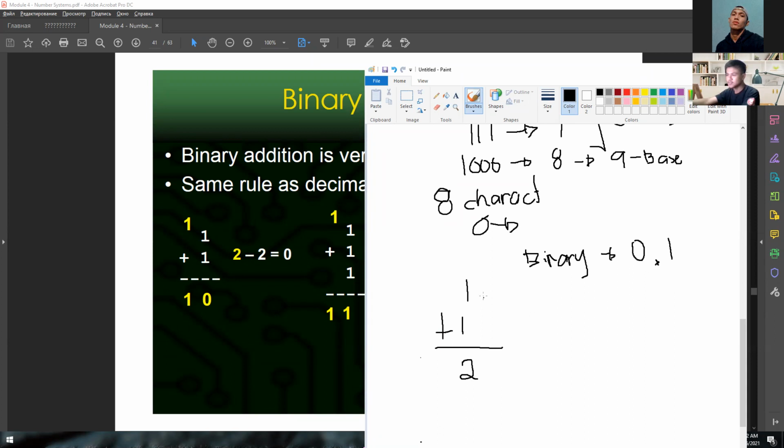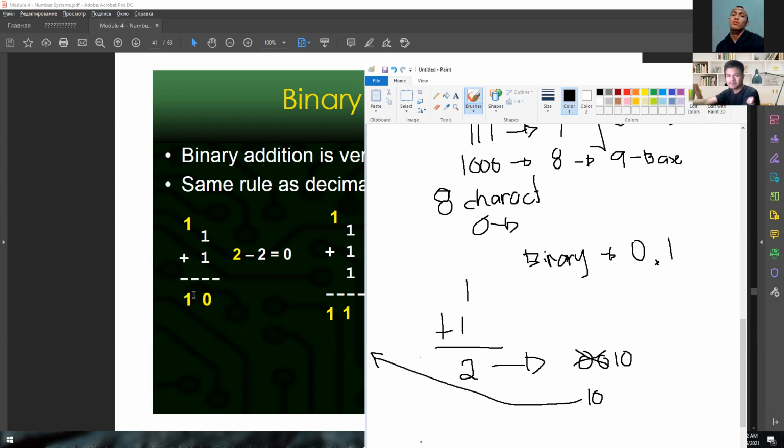If you convert 2 to binary, you can represent it as 0, 0, 1, 0. You can actually remove the 2 zeros, so it will not affect the value. So 2 is represented by 10. That's how we came up with that 10.